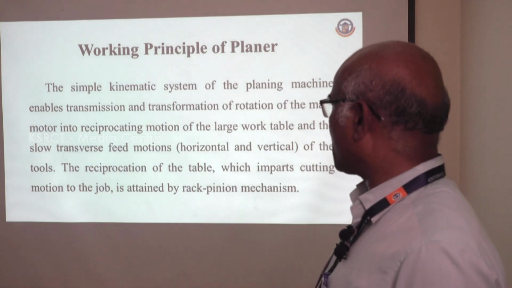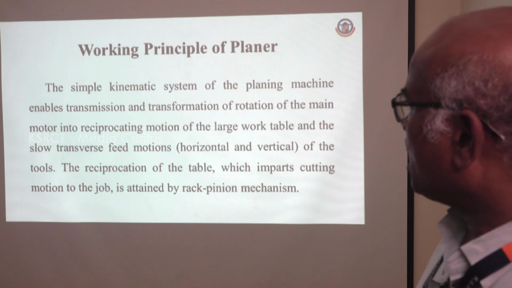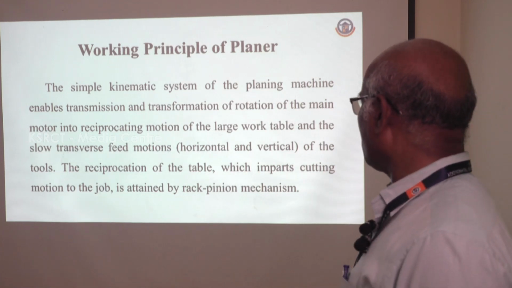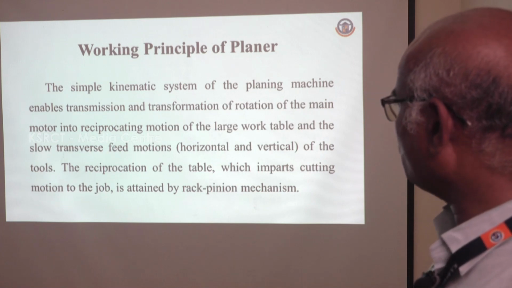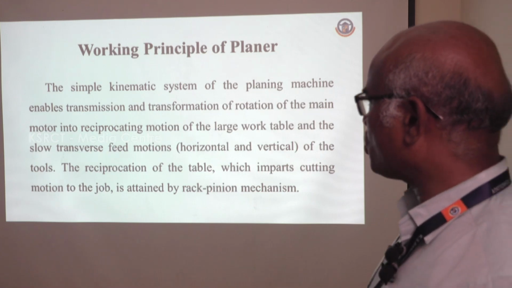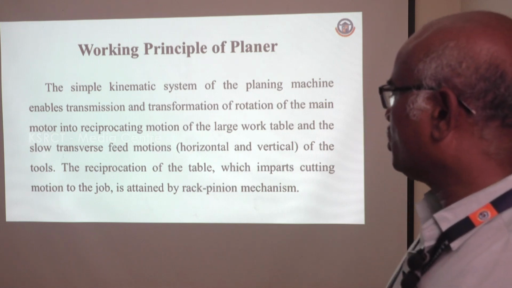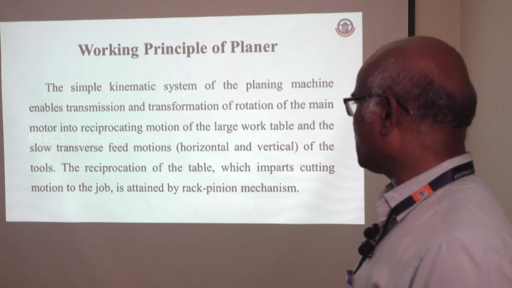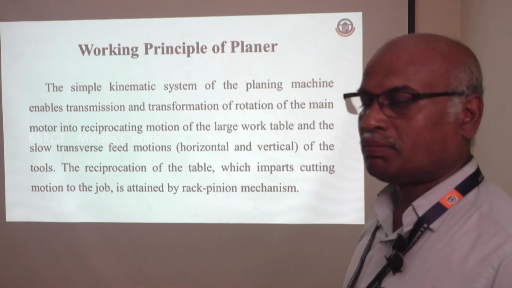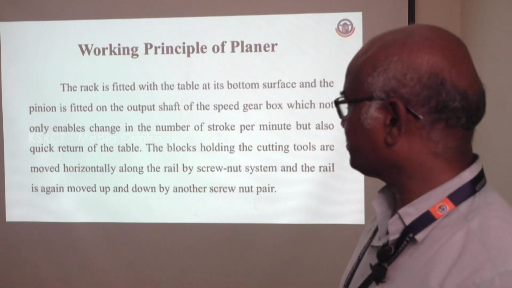This is the simple kinematic system of the planing machine. It enables transmission of rotation of the main motor into reciprocating motion. The large work table has a slower feed mechanism, with motion of the tool vertically. The reciprocation of the table, which imparts the cutting motion to the job, is attained by a rack and pinion mechanism.